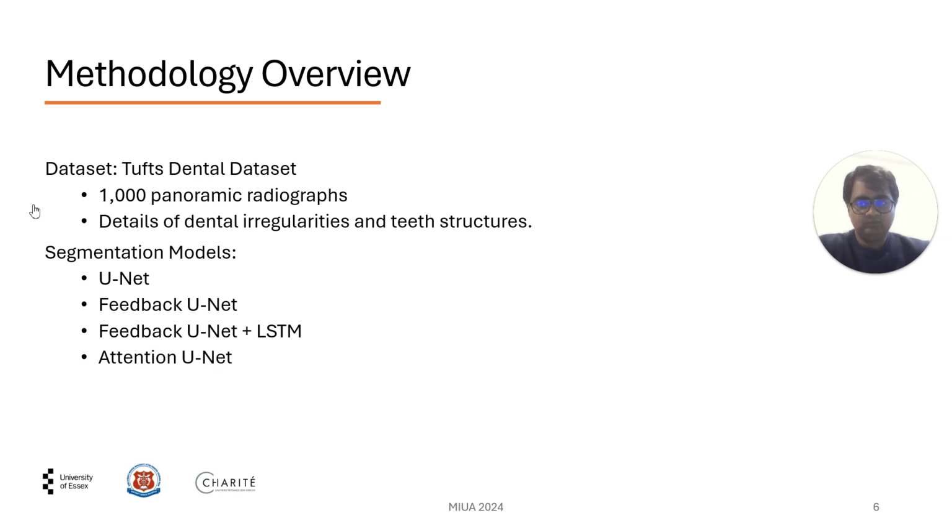So we stick to the UNet, but we also compare with different types of UNet. Our research was not to design a new architecture for segmentation, but to design a pipeline, the steps to follow to get better segmentation using the UNet.